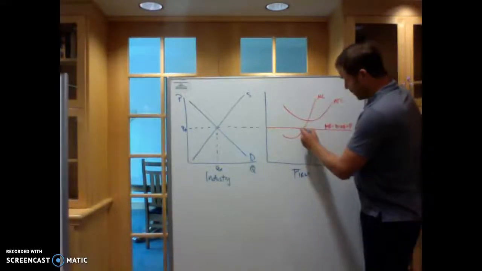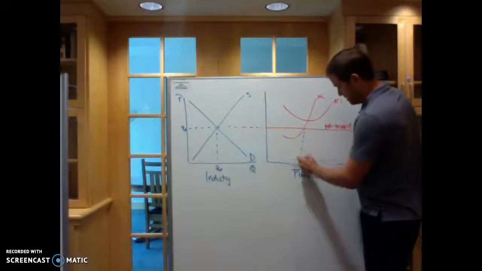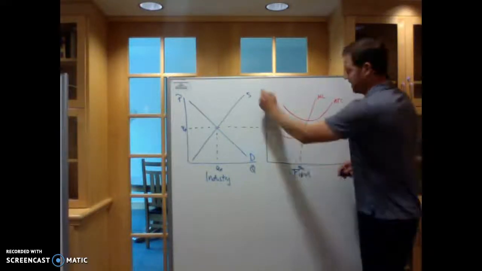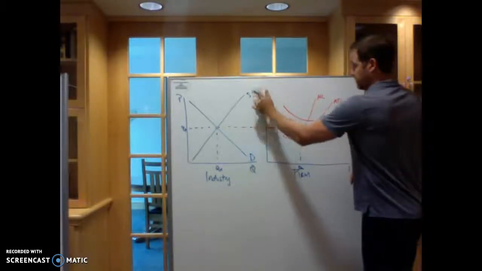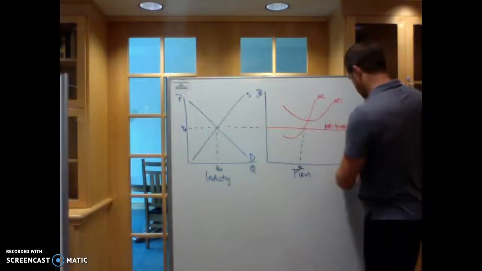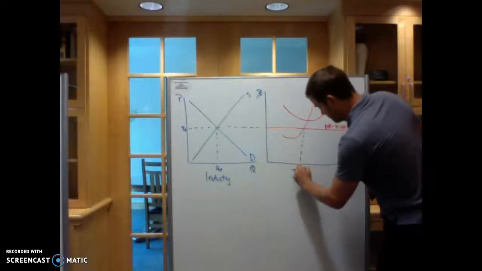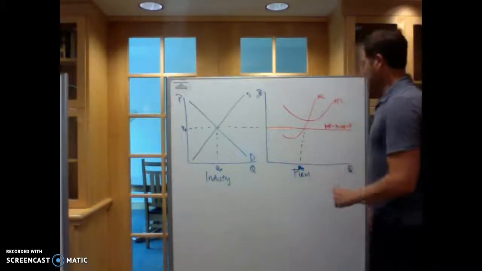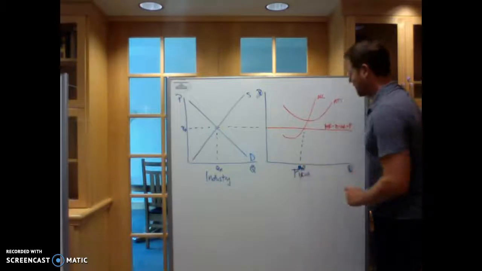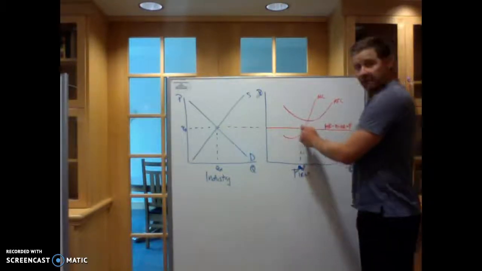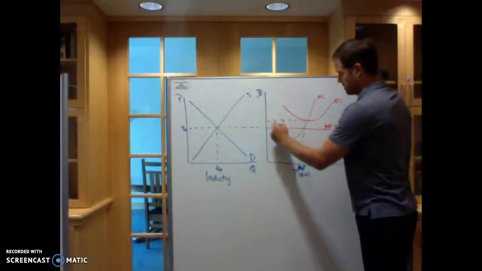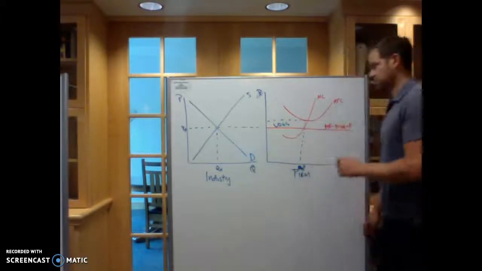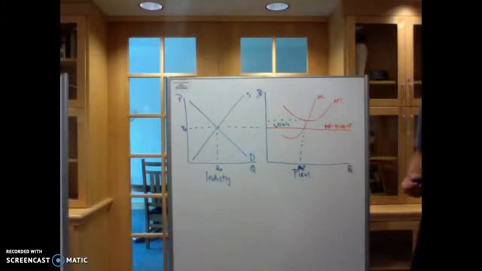This firm is going to produce where MR equals MC. So it's going to produce that quantity for the firm, but at that quantity, the average total cost is up here, and so they are experiencing a loss.